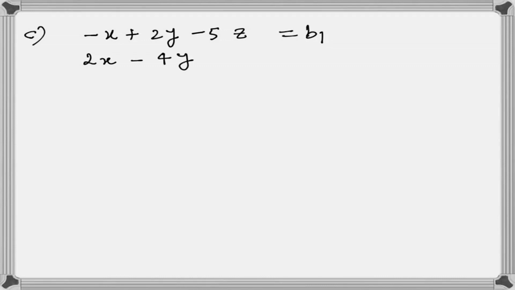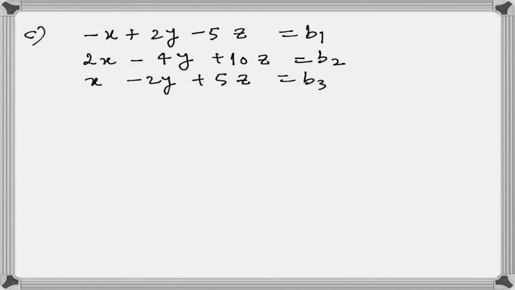Okay, so let's go to part C, where the system is x plus 2y minus 5z equals b1, 2x minus 4y plus 10z equals b2, x minus 2y plus 5z equals b3.